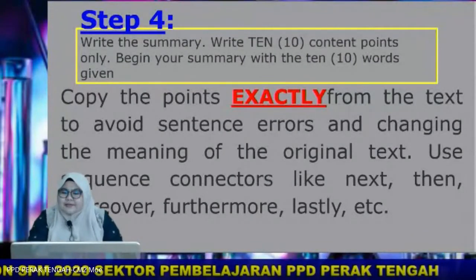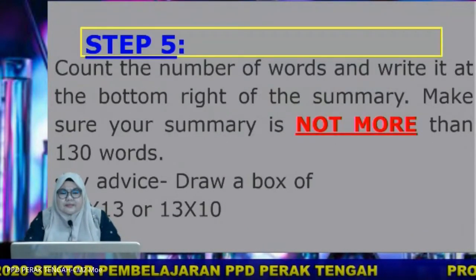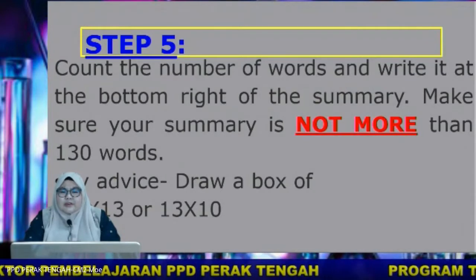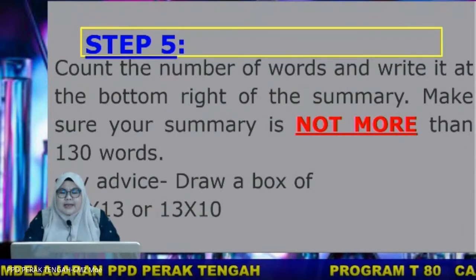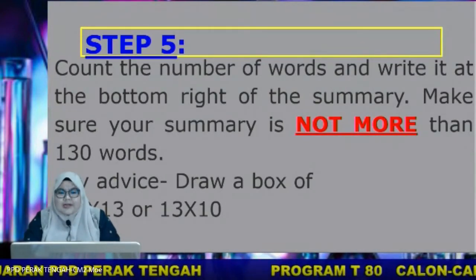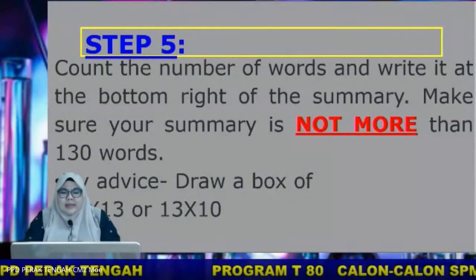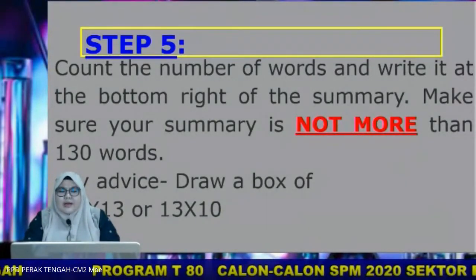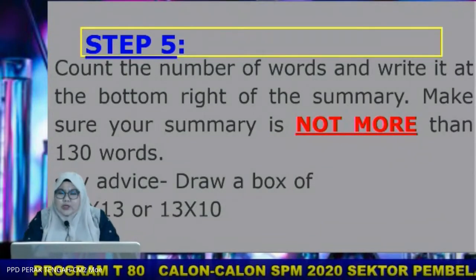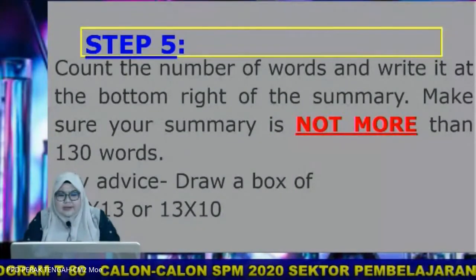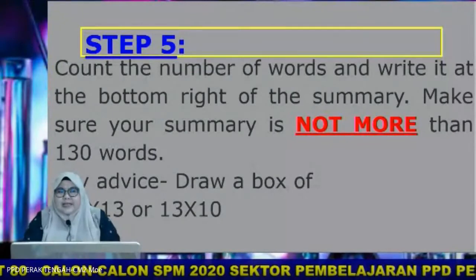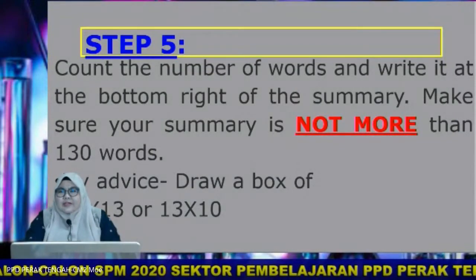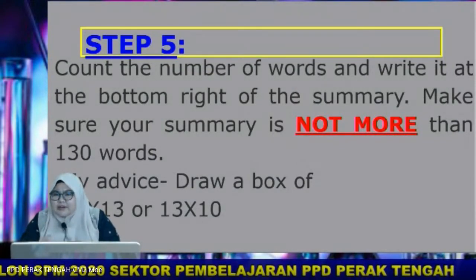We have step 5. Count the number of words and write it at the bottom right of the summary. Make sure your summary is not more than 130 words, including the 10 words given. Please count the number of words and put it at the bottom right of the summary.